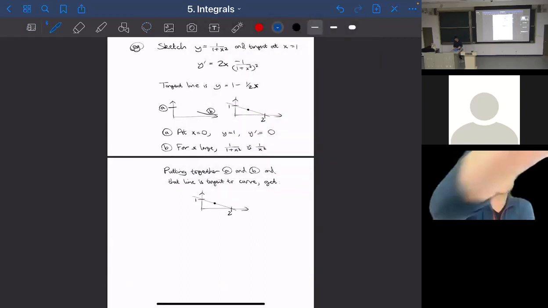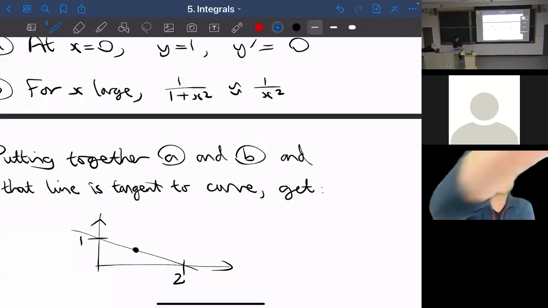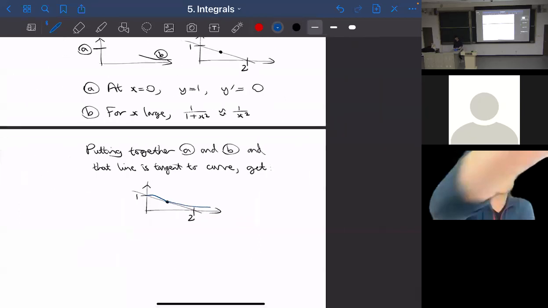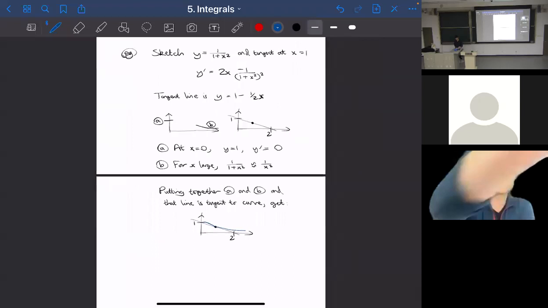Maybe in blue. So horizontal tangent here, tangent to the curve, and then the curve goes like 1 over x squared. So like that. So I've only drawn half of the curve, and you get the other half by evenness.